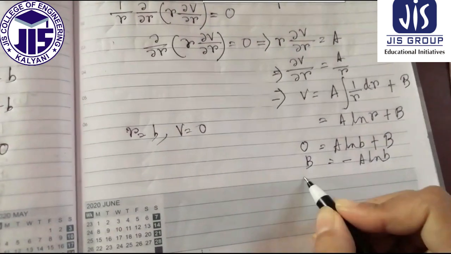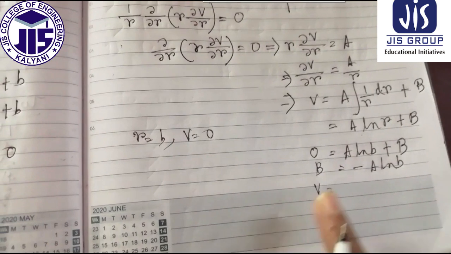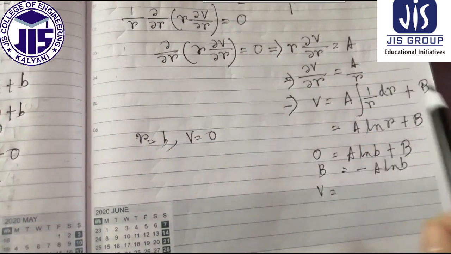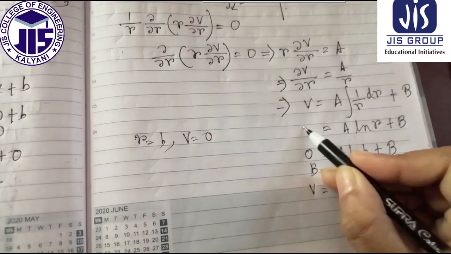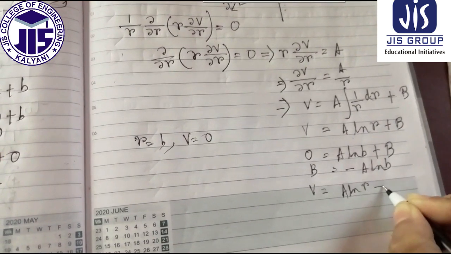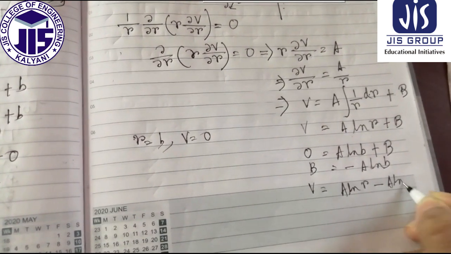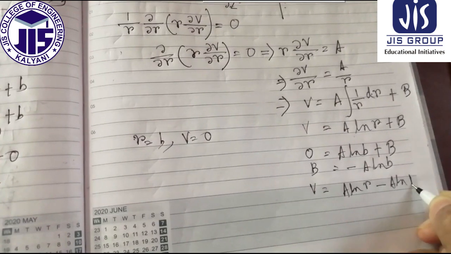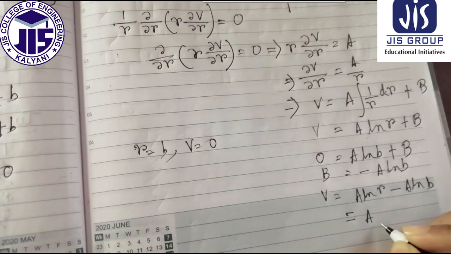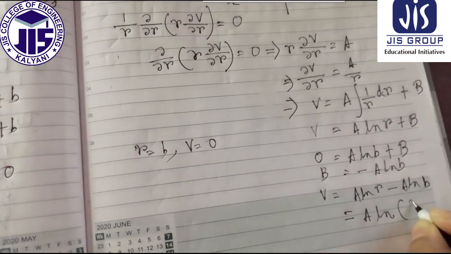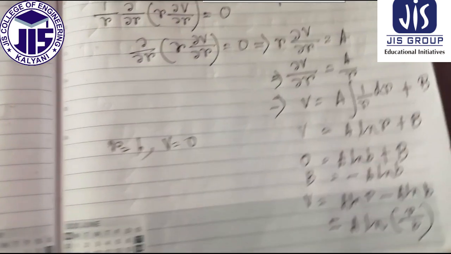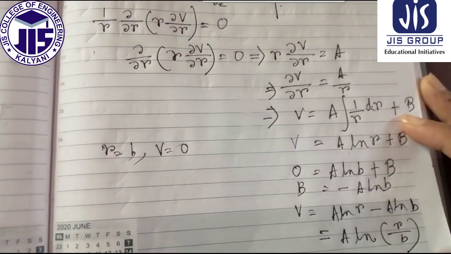So therefore if we put it in the equation of the solution V, we get V equal to a ln r minus a ln b. From this equation, V equal to a ln(r/b). This is the solution of the potential V.